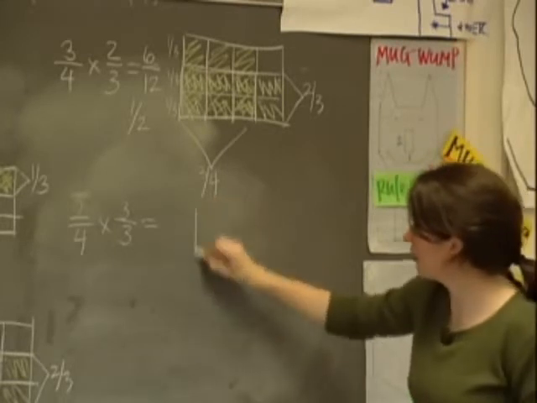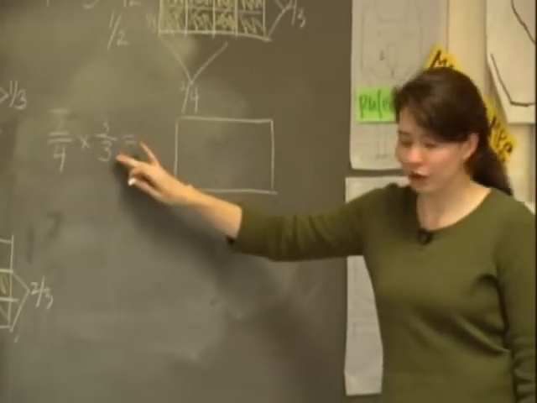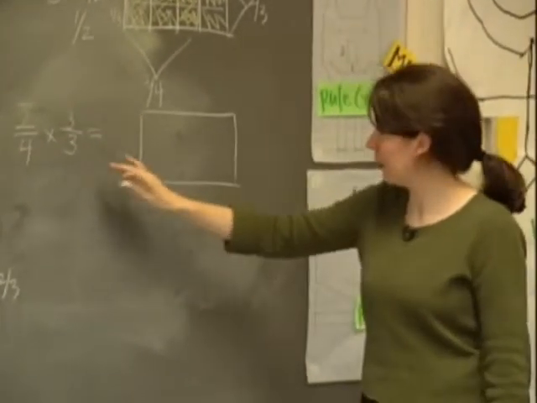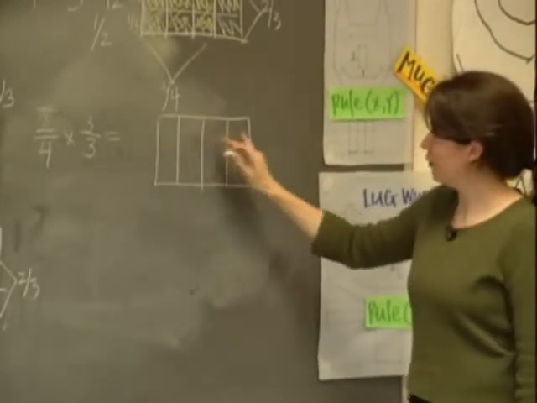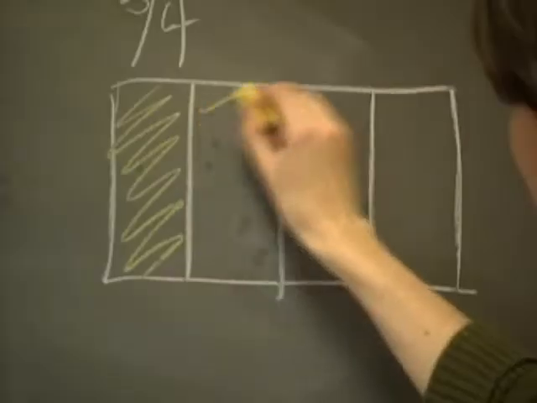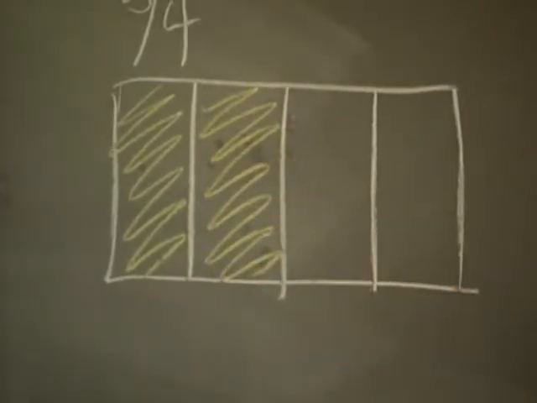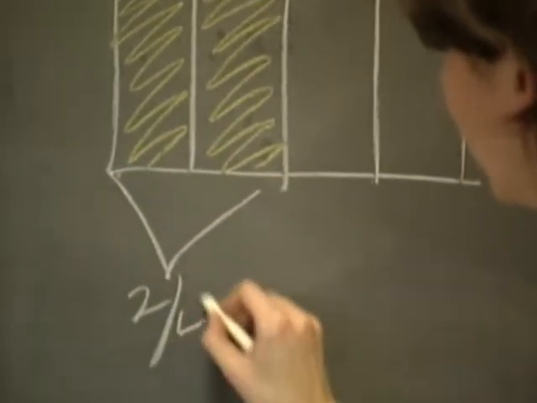Let's draw an array and see what it looks like. So if we think about 2/4 times 3/3, and you said that was the same as 1, I could divide the rectangle into 4 pieces, and we'll shade in 2 out of the 4, and we'll notate that like this.